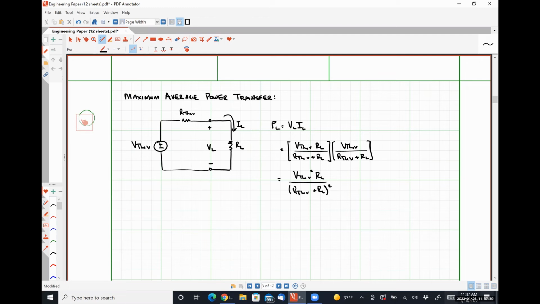So let me ask you guys a question. We wanted to determine the value of RL that has the maximum amount of power delivered to it. What was that value? RL is equal to R Thevenin. So maximum power transfer occurs when RL is equal to R Thevenin, and we got there by taking this equation and taking the derivative, setting it equal to 0, and then finding when the peak occurs, right?